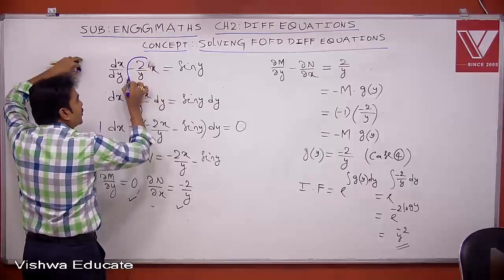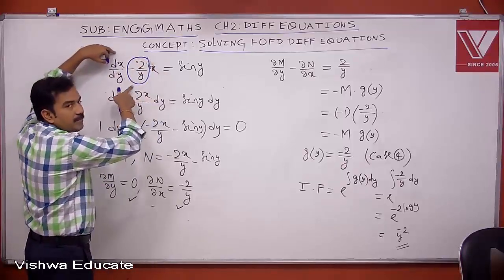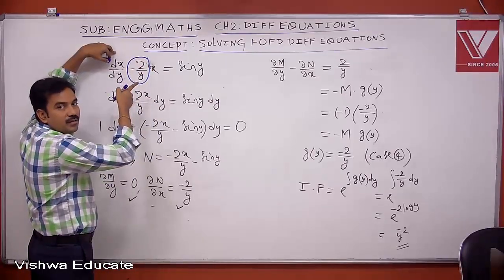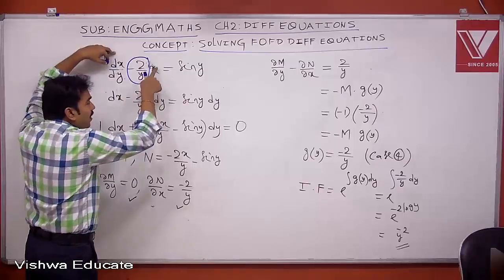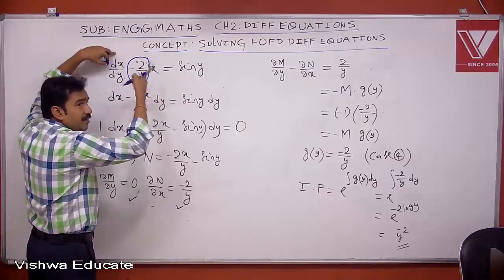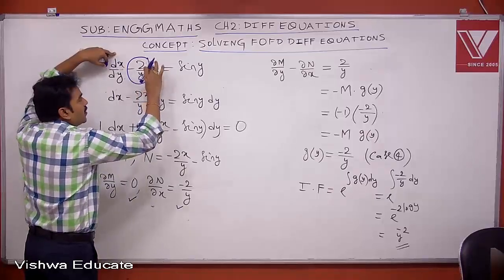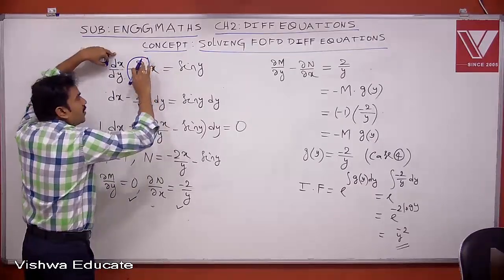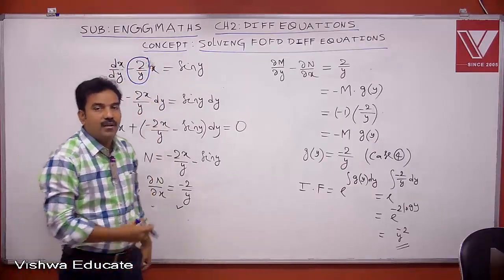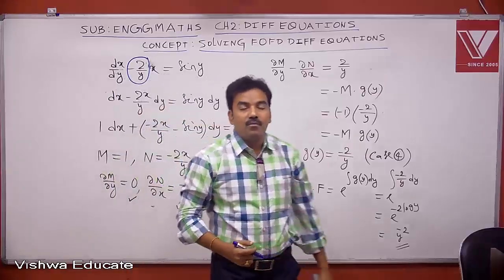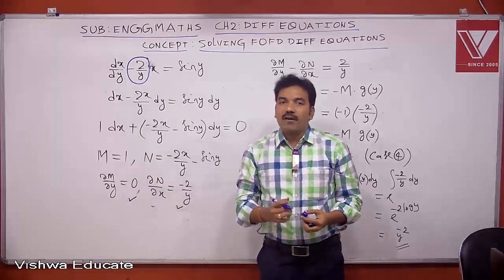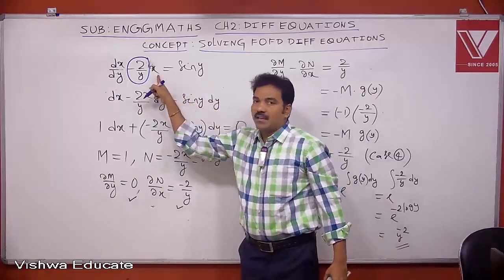Now the coefficient of x will be acting as g of y. Did you understand this? In the previous example, let us recall, the coefficient of y is 2 by x and that will be acting as f of x. Now in order to get case 4, what you need to take is g of y as the coefficient of this x.